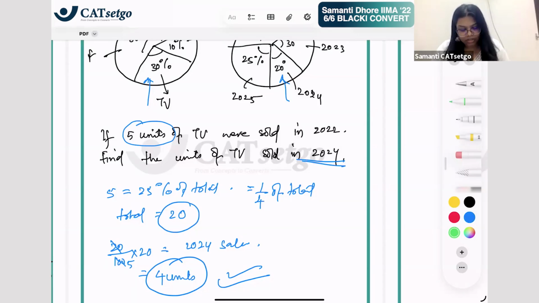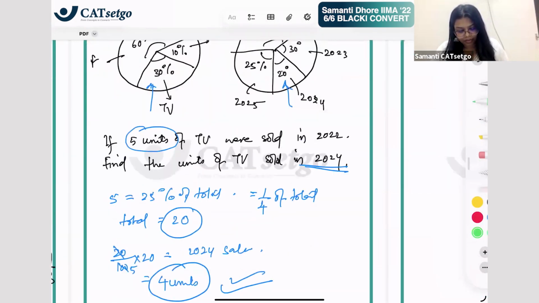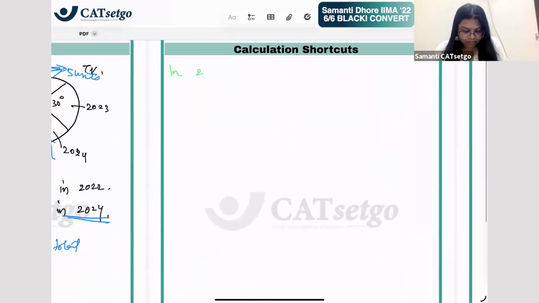They could also tell you that in 2022, they could tell you कुछ और sales ही. In 2022, they tell you fridge sales were 5 units. Now you find out in 2024 how much TV was sold.